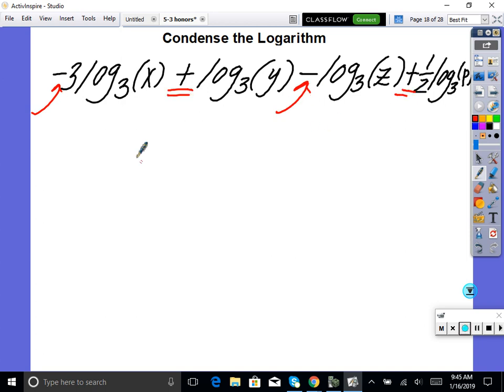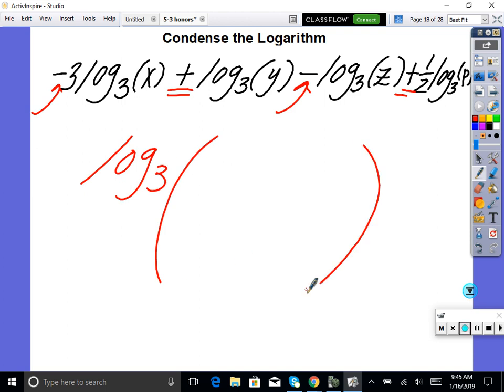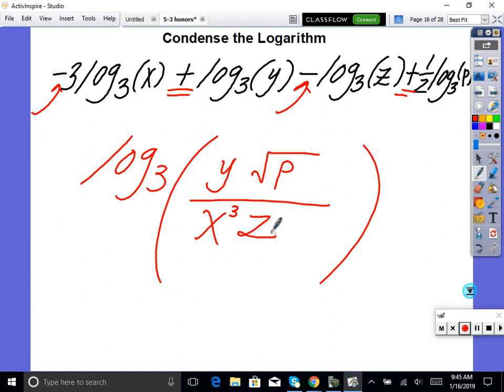So you'd say I have 1 log base 3, big parentheses. I know there's a subtraction sign, so there's a division sign. Anything that's positive goes on top, so that'd be a y and a square root of p. Do you agree? Yeah. Then on my bottom is an x to the 3rd, right? Because the subtract means divide. And then also a z. Okay, good. You guys did awesome with that.